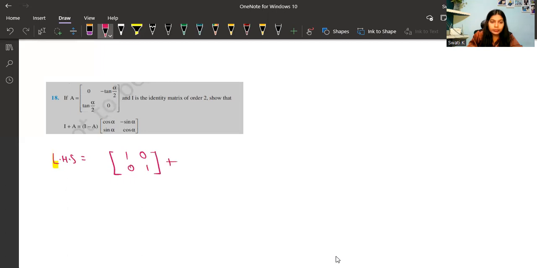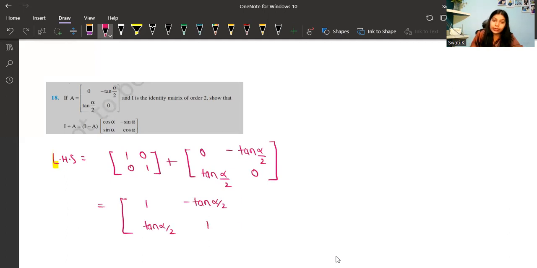And A, that means we have to add it. It's very simple. 0, minus tan alpha by 2, and this is tan alpha by 2, and this is 0. So if you add this, it is going to be 1 plus 0, 1, this is going to be minus tan alpha by 2 only, and this is going to be tan alpha by 2, and this is 1 plus 0 is going to be 1.